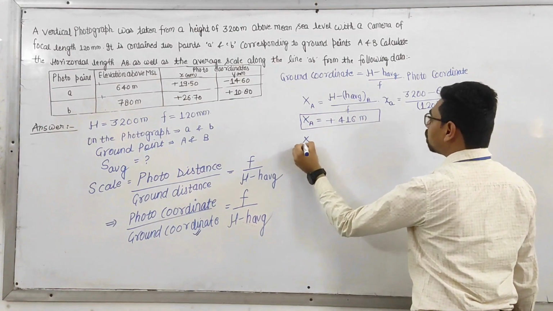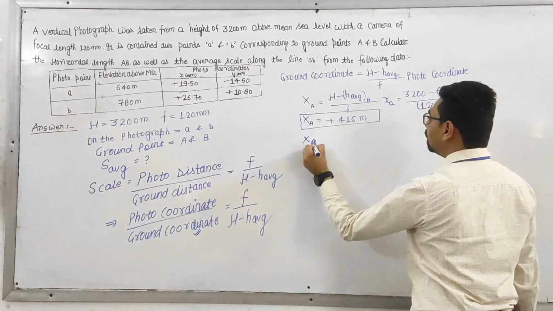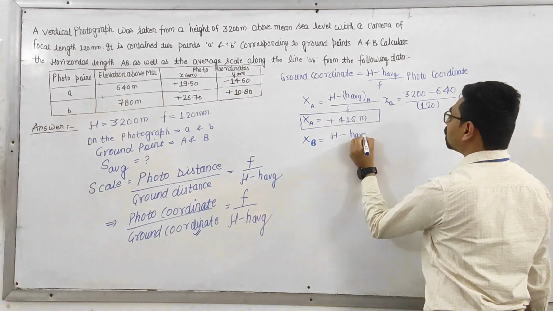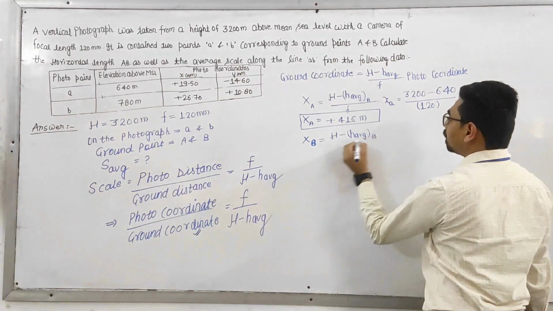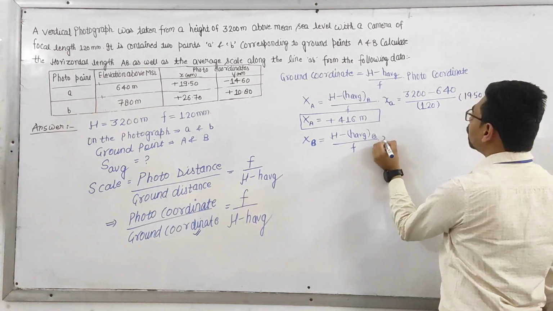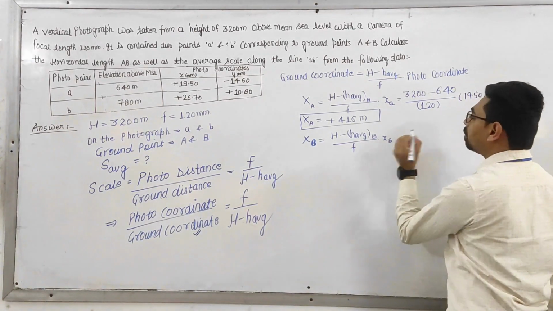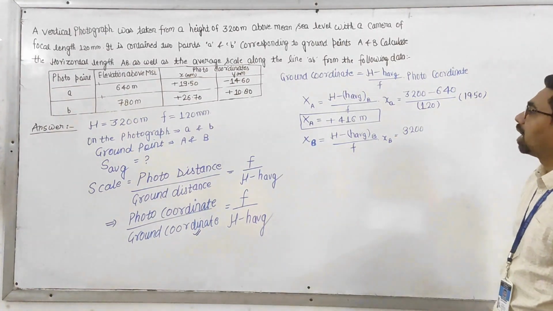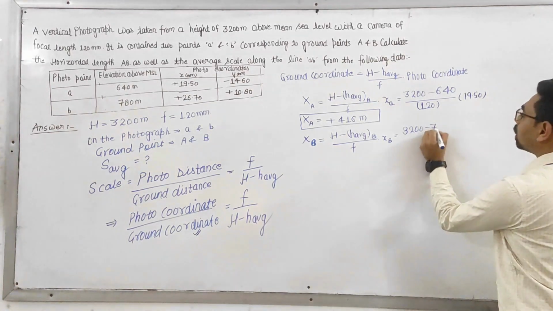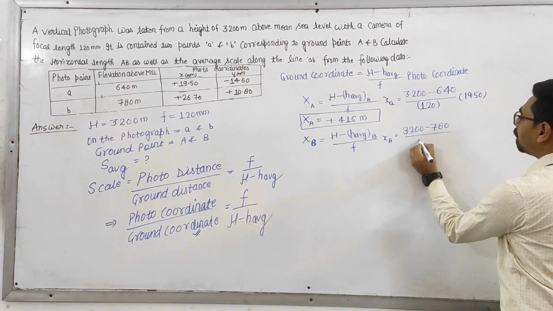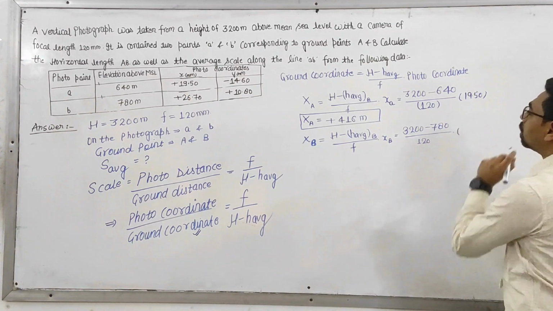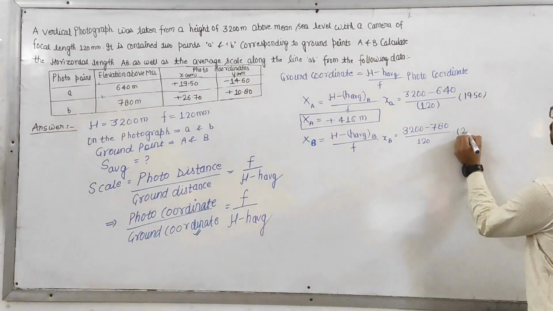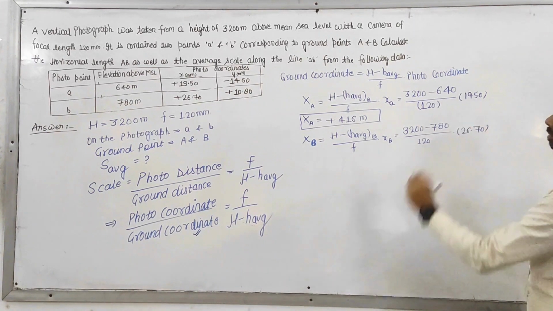Similarly, we calculate the coordinate XB, which is equal to H minus h average of B divided by focal length into photo coordinate of B. That is 3200 minus h average of B, 780, divided by 120 into the photo coordinate of B, 26.70.